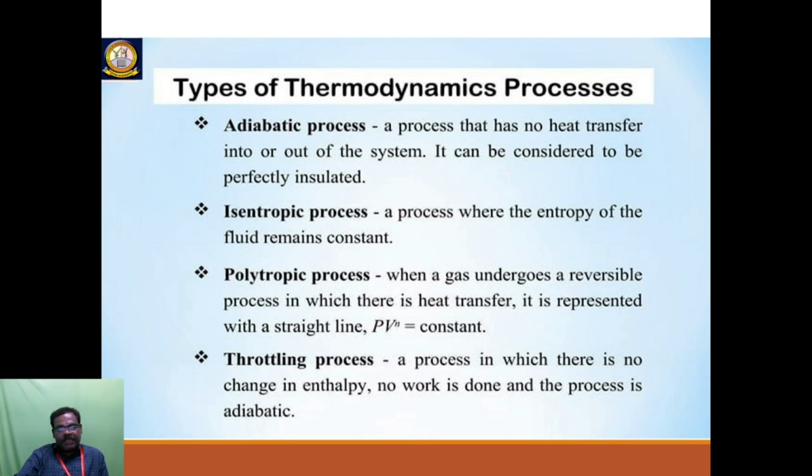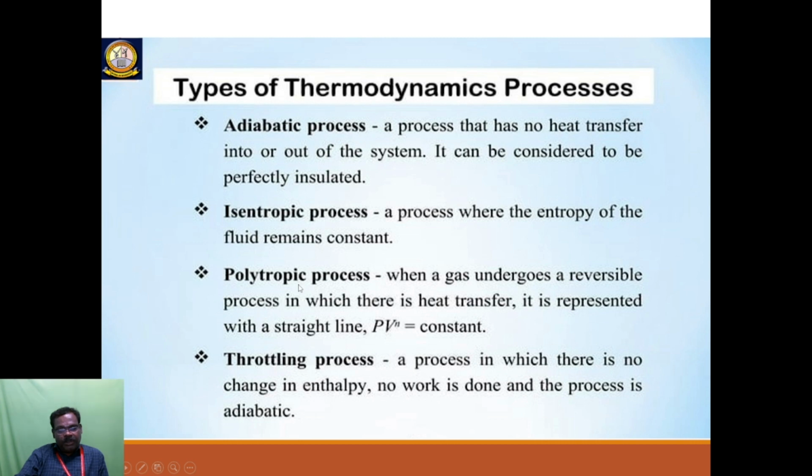It can be considered perfectly insulated, so no heat transfer takes place in an adiabatic process. Then we have the isentropic process. In the isentropic process, entropy remains constant throughout the process.